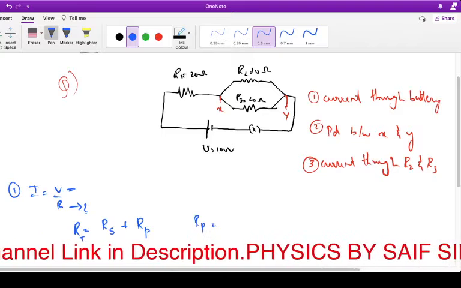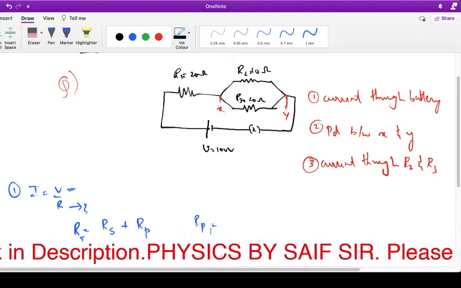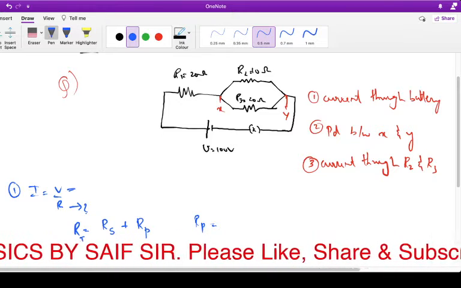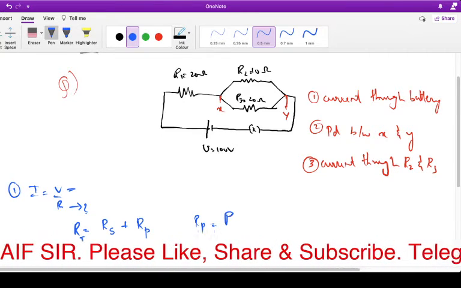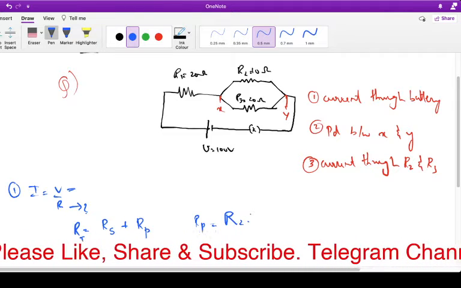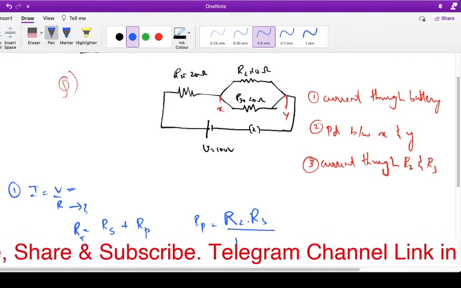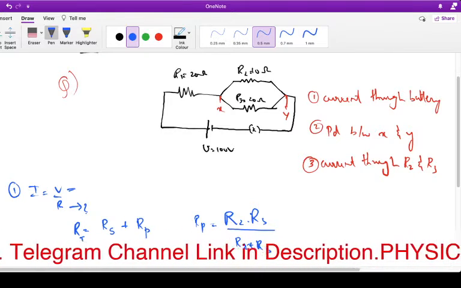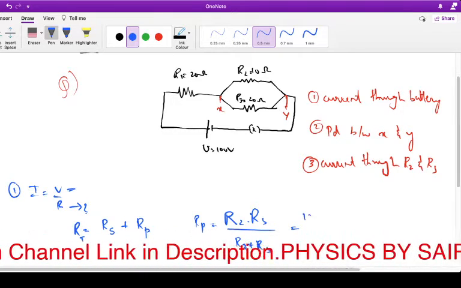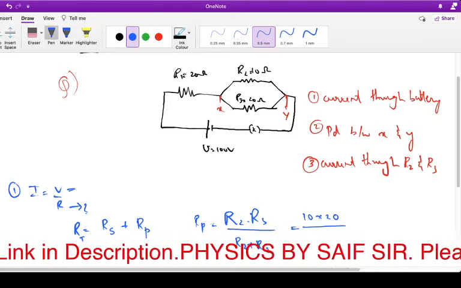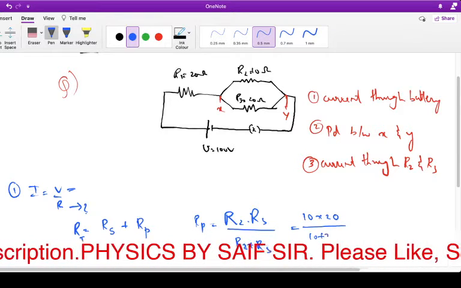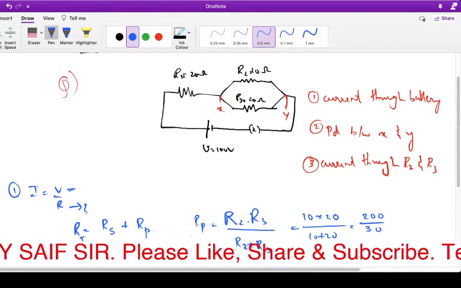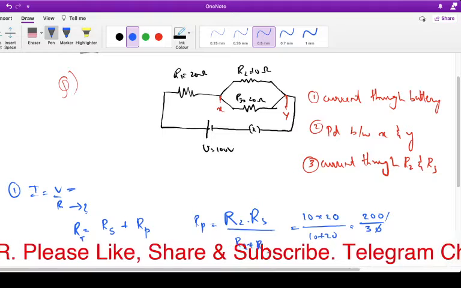RP is the parallel combination of the two resistances R2 and R3, so the formula is R2 into R3 by R2 plus R3. This gives us 10 into 20 by 10 plus 20, which is 200 by 30, or 20 by 3.